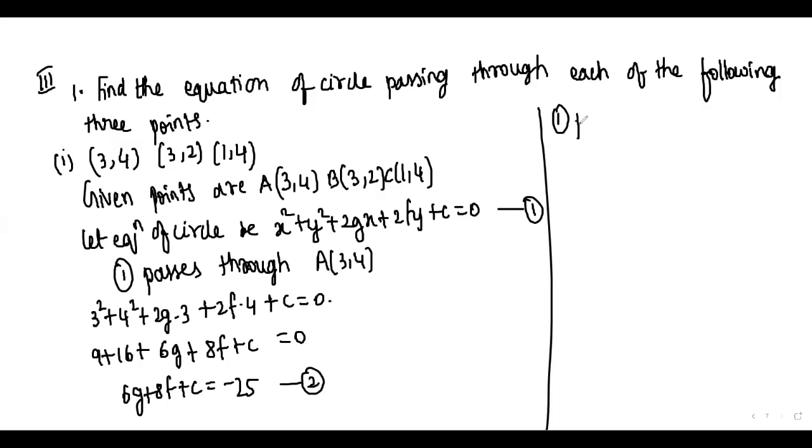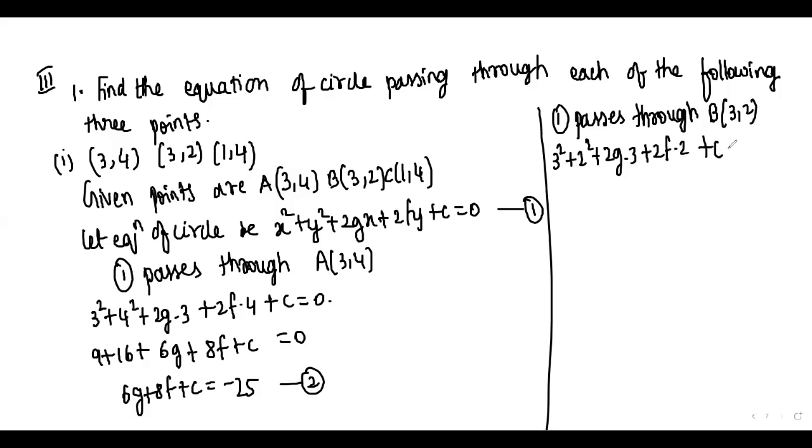Now equation number 1 passes through the second point, B (3, 2). So 3 square plus 2 square plus 2g into 3 plus 2f into 2 plus c equals to 0. So 9 plus 4 plus 6g plus 4f plus c equals to 0. So 6g plus 4f plus c equals to minus 13.